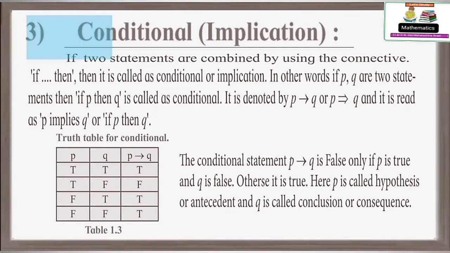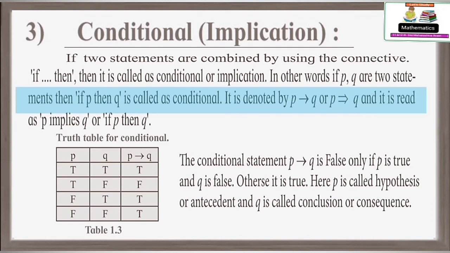The third connective is conditional, or another word, implication. If two statements are combined by using the connective "if then", it is called a conditional or implication. In other words, if P, Q are two statements, then "if P then Q" is called a conditional.